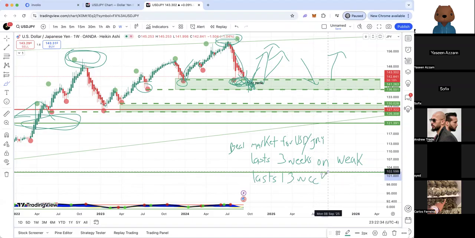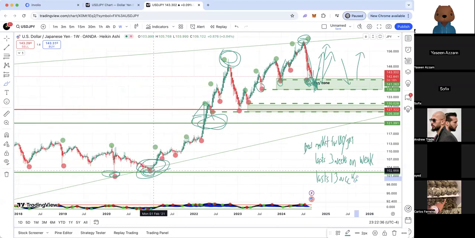And we're going to try and do a range here. Let's see.